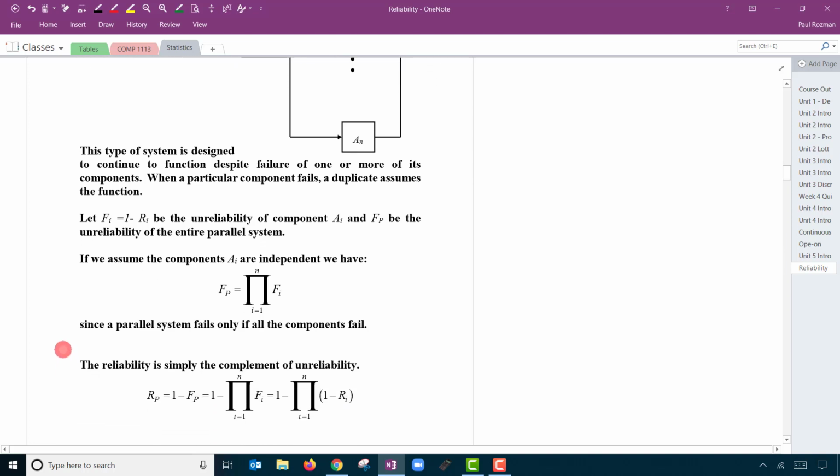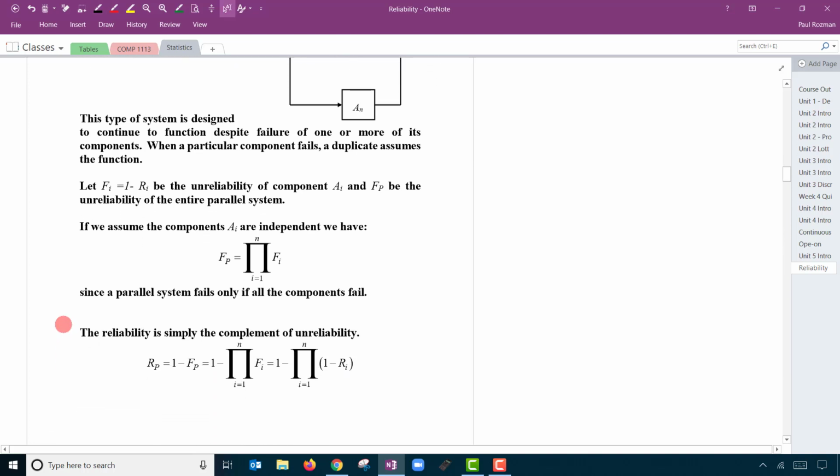If you then want the reliability of a parallel system, we'll just do 1 minus the failure. So reliability is 1 minus failure. So it's actually easy to do, as long as you think of the right approach when you're attacking the problem.